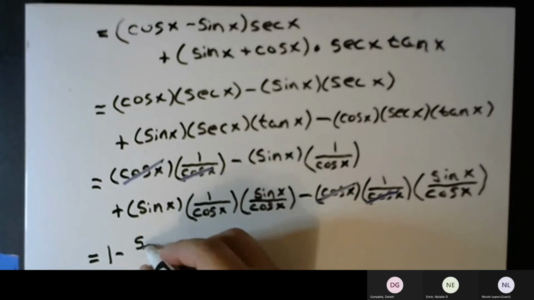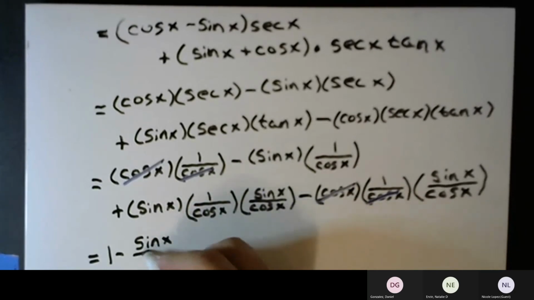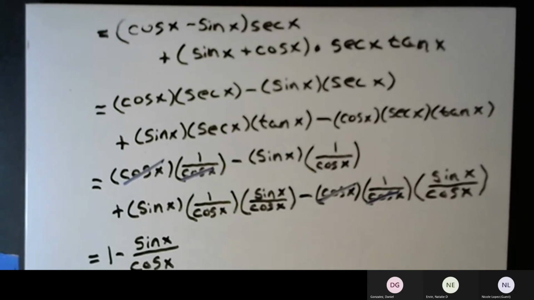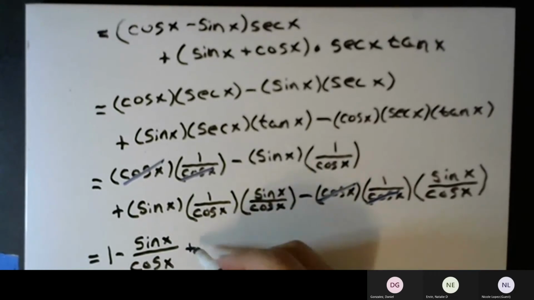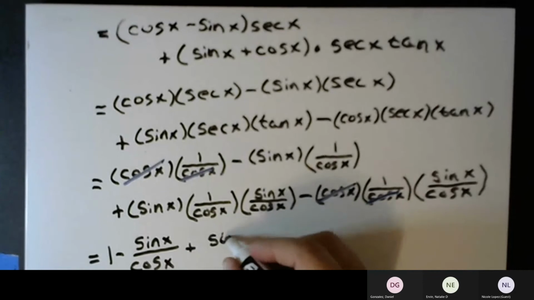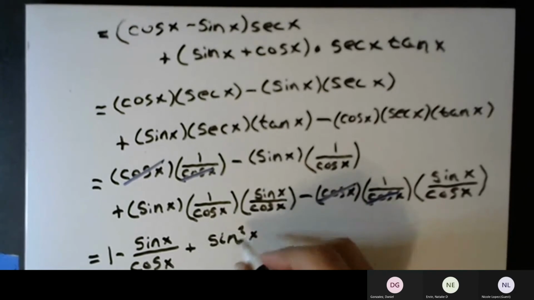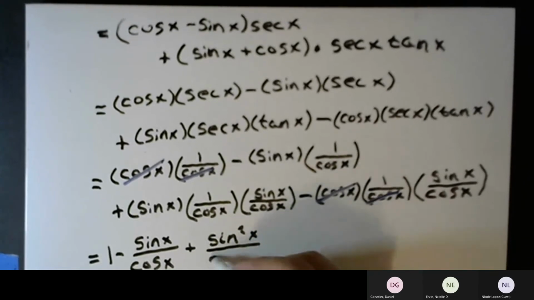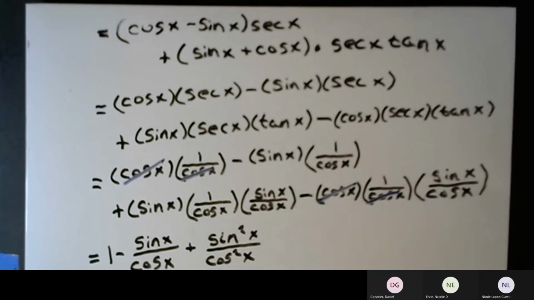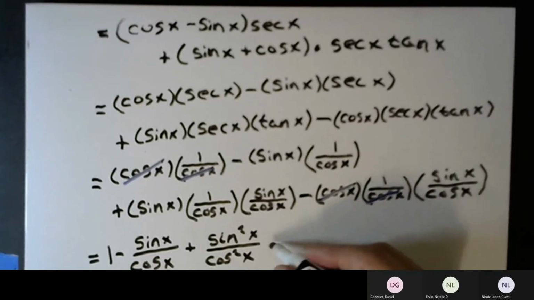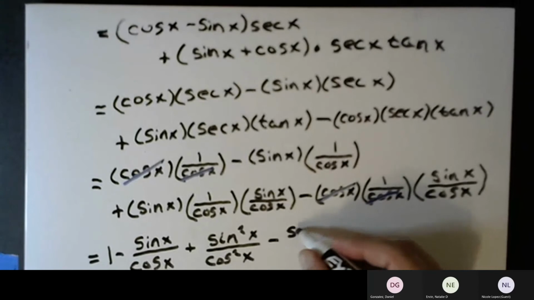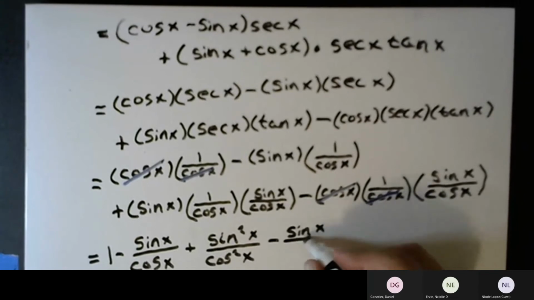So 1 minus sine x over cosine x plus, looks like a sine squared over a cosine squared, minus a sine x cosine x.